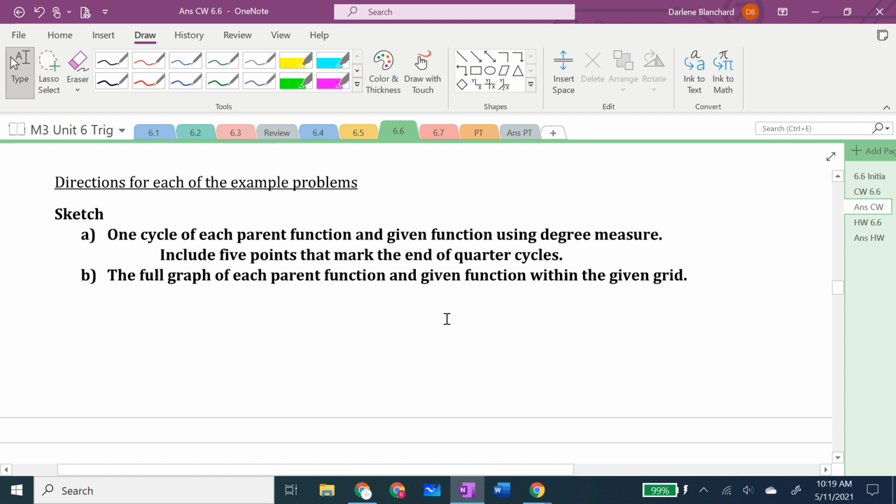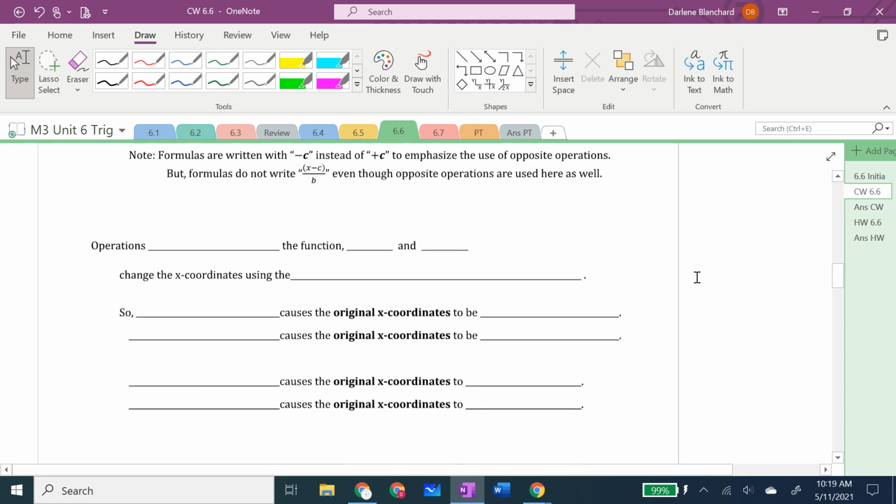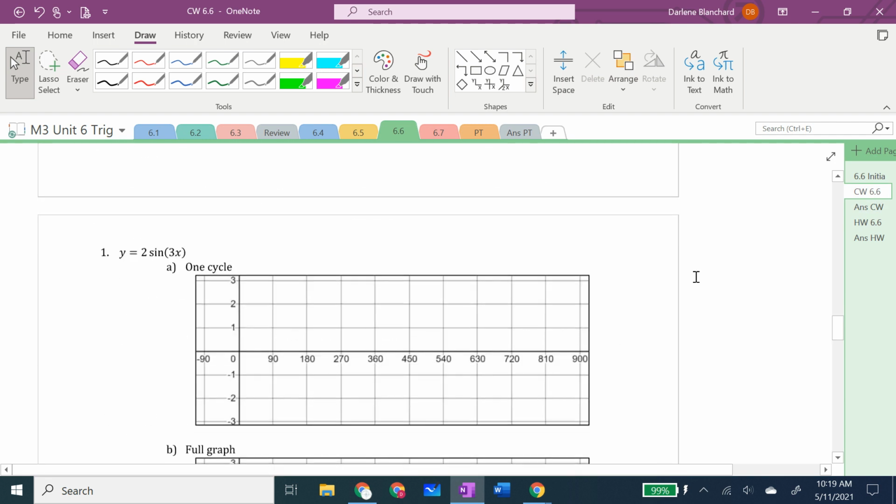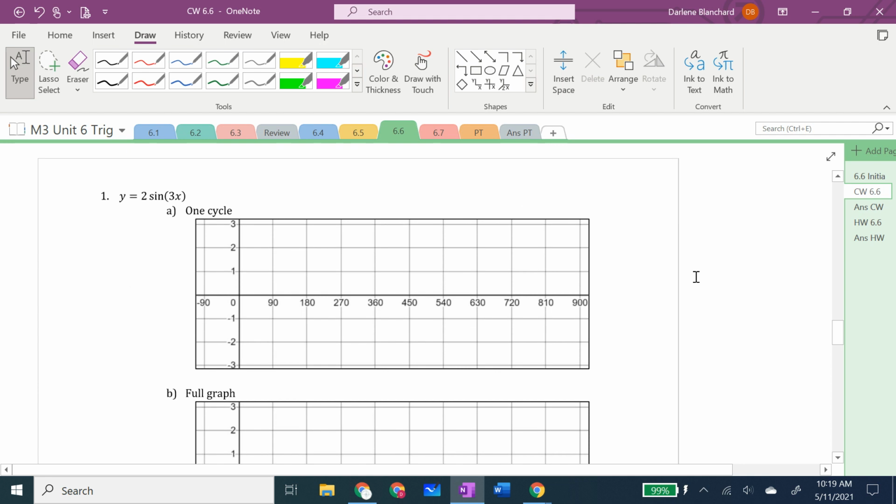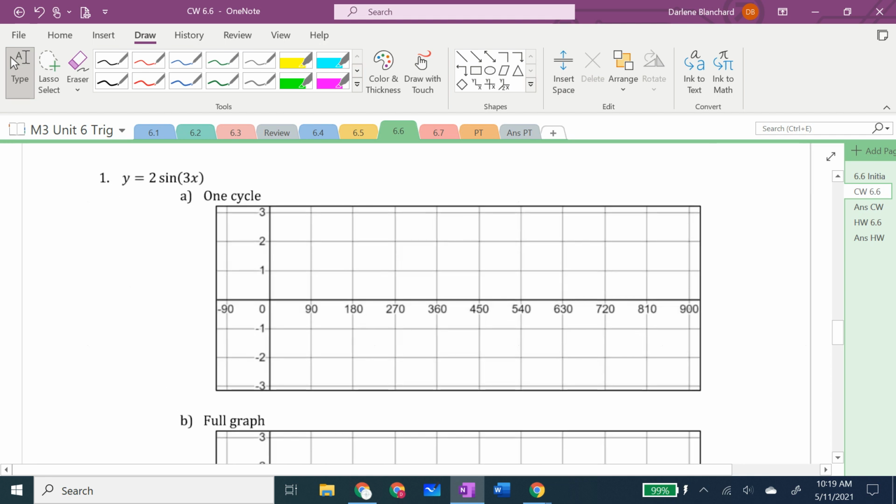I just want to make sure that you have the idea that the one cycle isn't the whole thing. I don't want you having to spend too much time graphing, though. So here we go. Know that in the answers, I may show more than just those two.